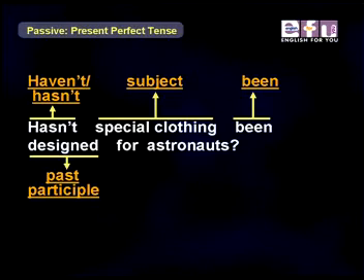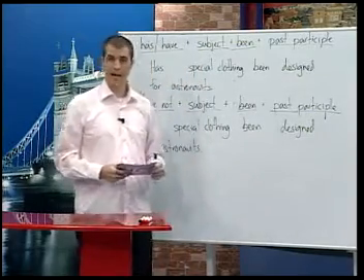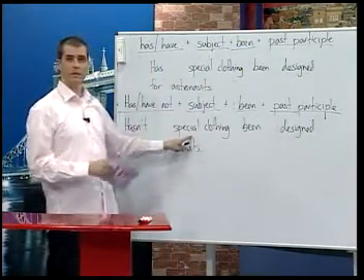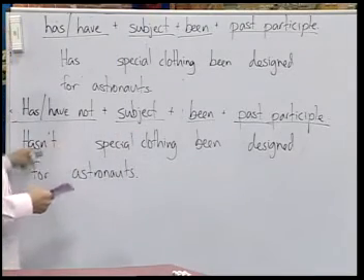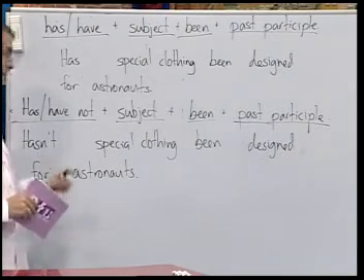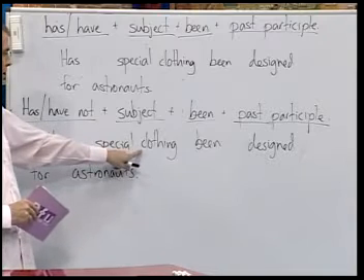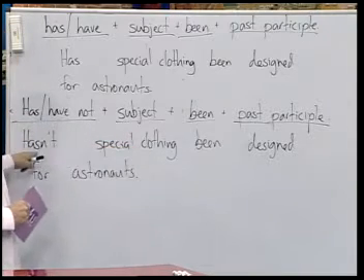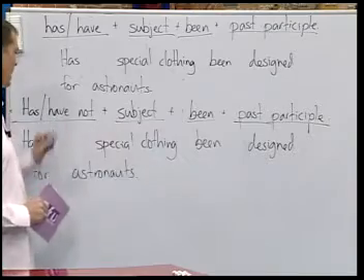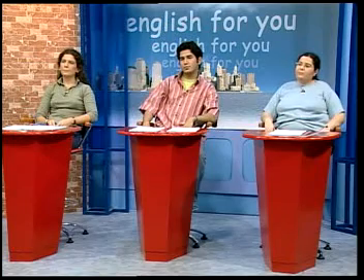Okay, hasn't special clothing been designed for astronauts? Again, as usual, the passive voice subject tells us if we use the singular or the plural negative. Has for the singular, special clothing is one uncountable noun, so hasn't, or if it was plural, have not.